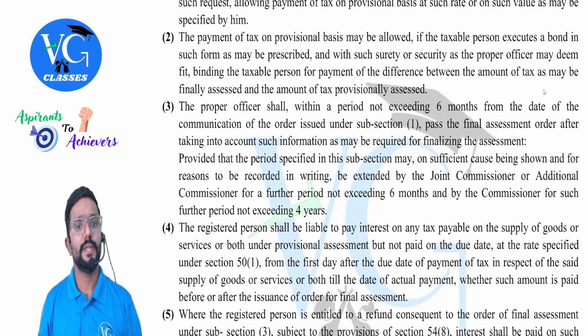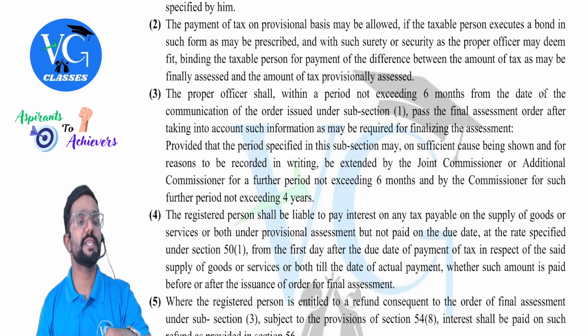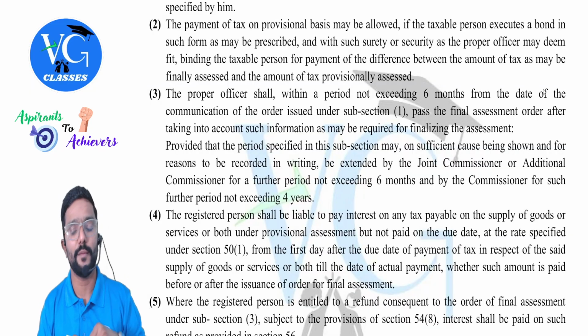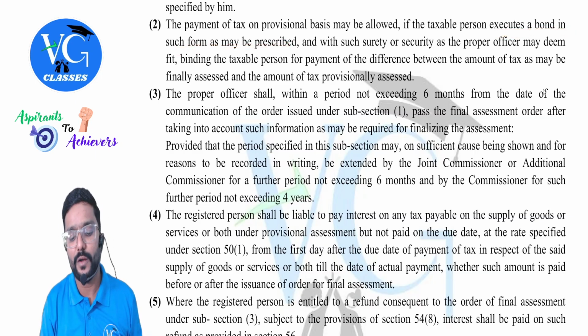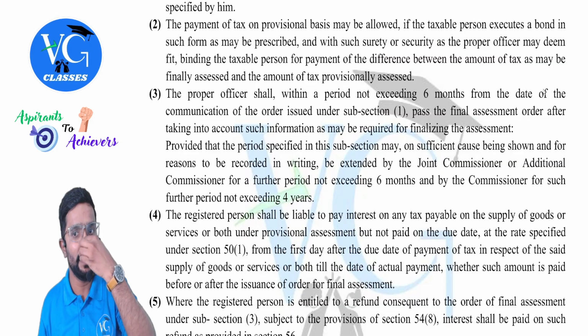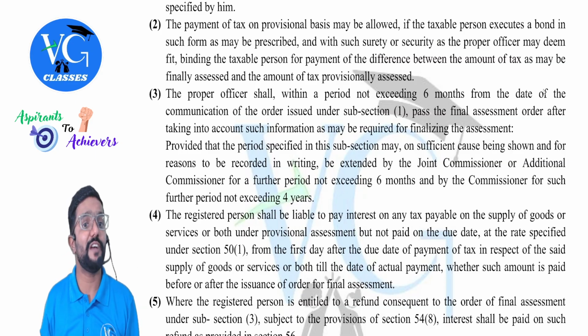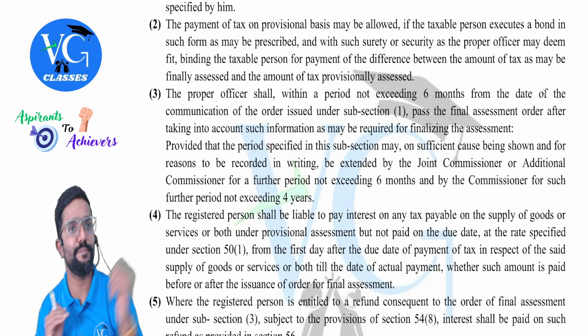Subsection 2: the payment of tax on a provisional basis may be allowed if a taxable person executes a bond in such form as may be prescribed, and with such surety or security as the proper officer may deem fit, binding the taxable person for payment of the difference between the amount of tax as may be finally assessed and the amount of tax provisionally assessed. Simple, guys.